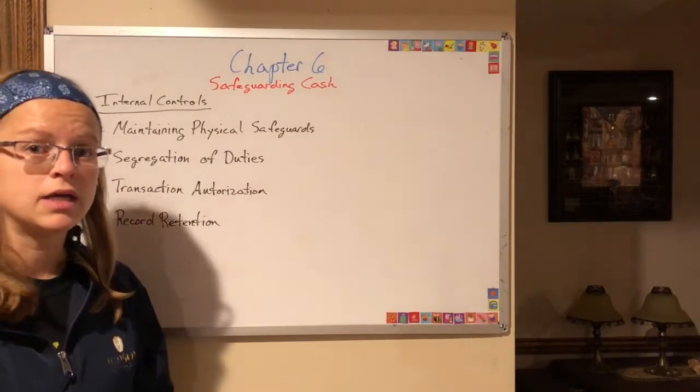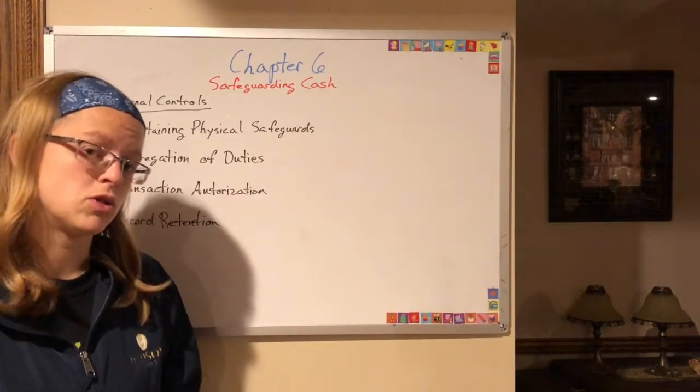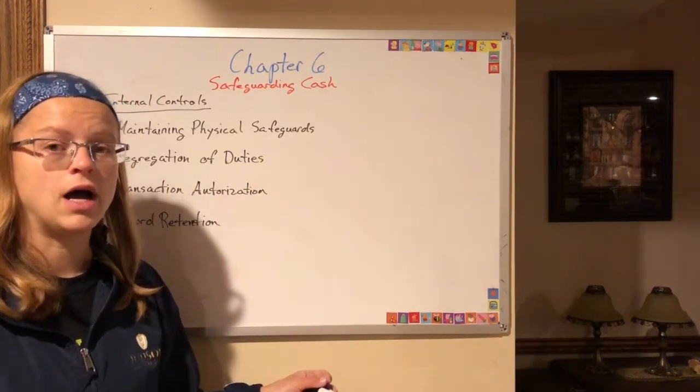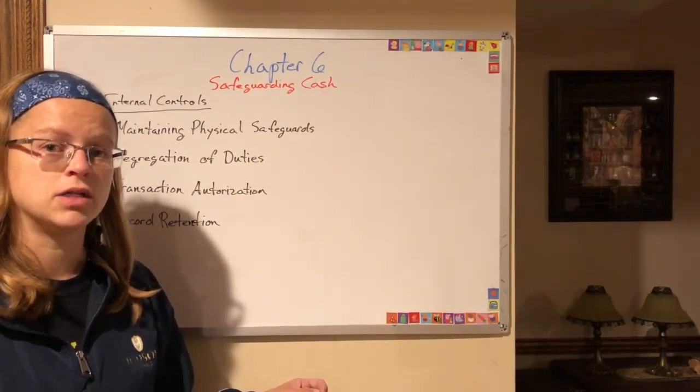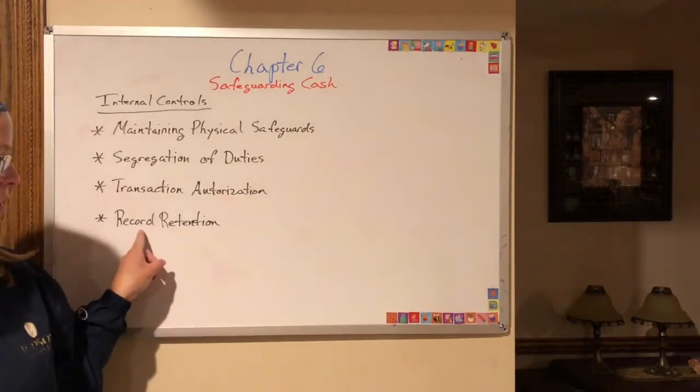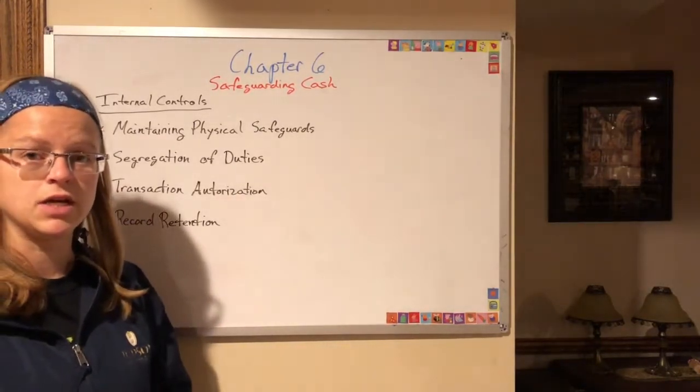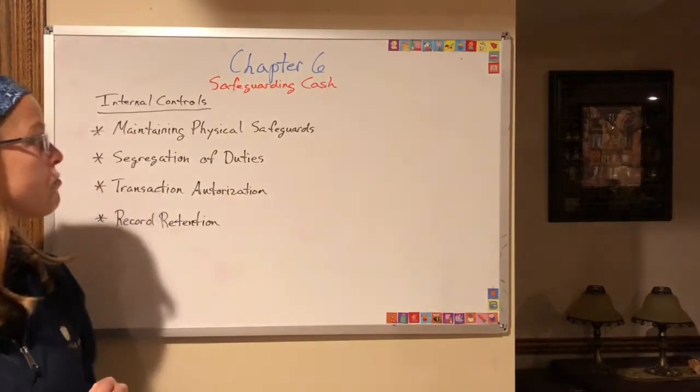So that money is just stolen from someone, and they don't know how it left the company because they don't have the records. So record retention, 7 years, you have to keep the records.